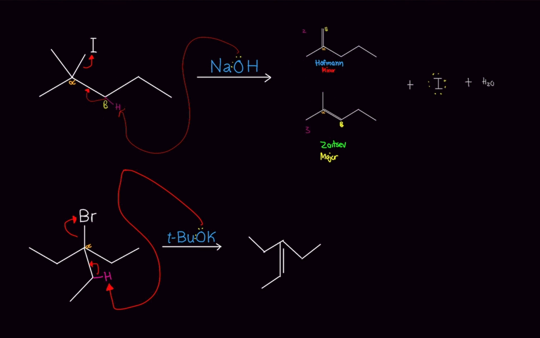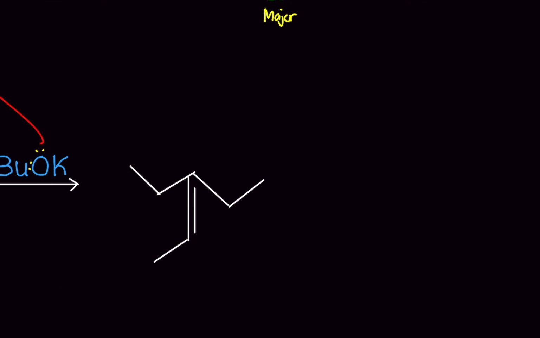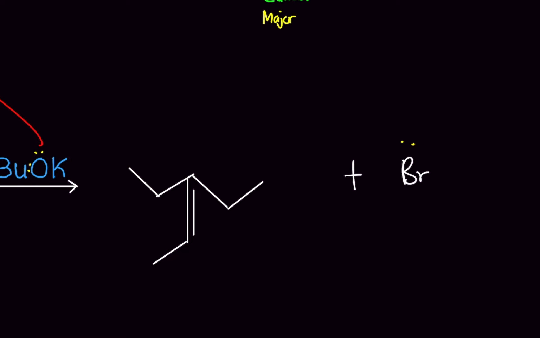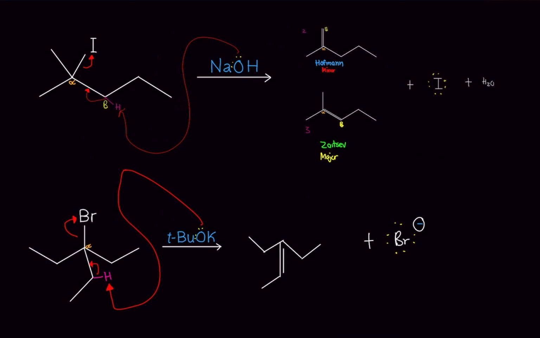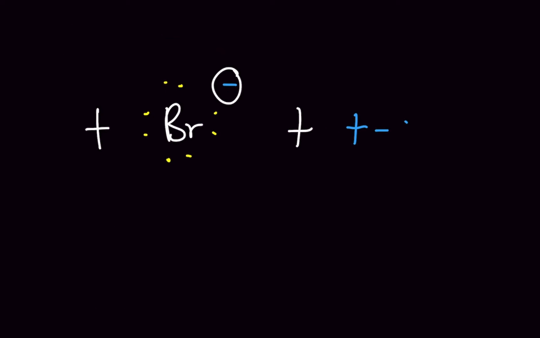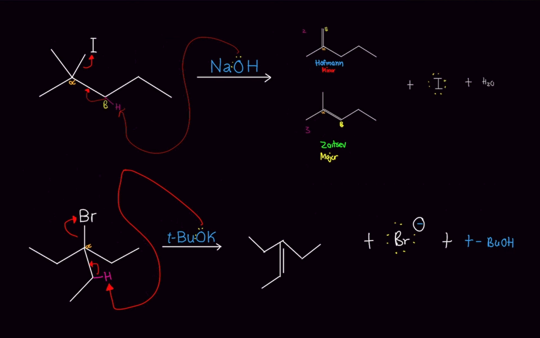Okay, that's the answer. Plus the bromine. Okay, like that. And then this becomes tert-butanol. So plus tert-butanol. And that's the answer. That's it. So whenever you cannot make the Zaitsev Hofmann, you can pick whatever you want and then just draw in the product plus the halogen, and then the base with the proton on it.